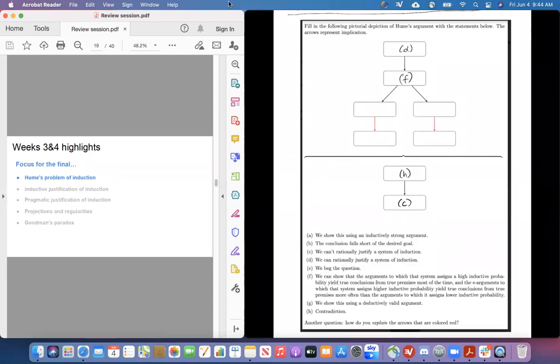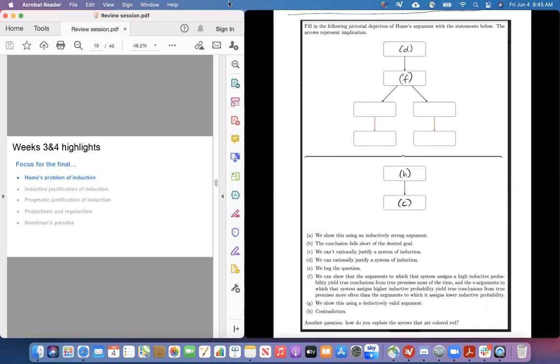And then E: the arguments to which that system assigns higher inductive probability yield true conclusions from true premises more often than the arguments it assigns a lower probability to. So that's what we'd expect, at least according to Hume, from a system of induction.